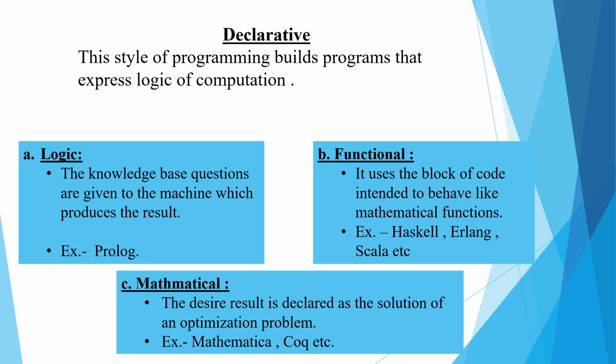Particularly in this paradigm, the desired result is declared as a solution of an optimization problem. The examples given here are Mathematica, COQ, etc., which come under the declarative programming paradigm.